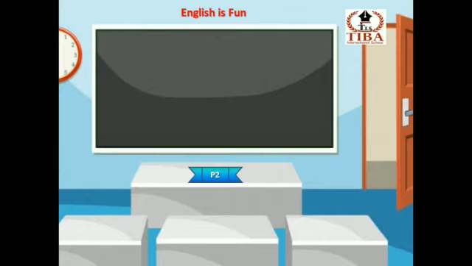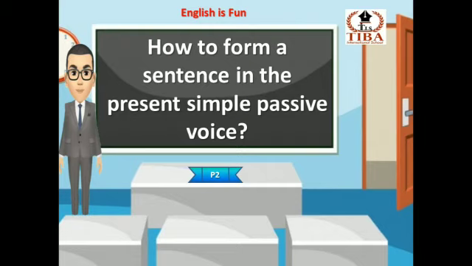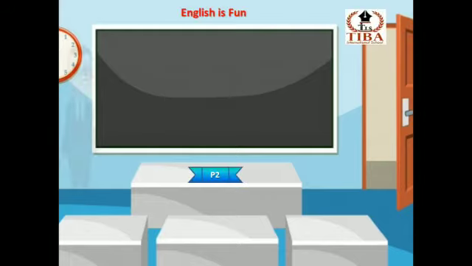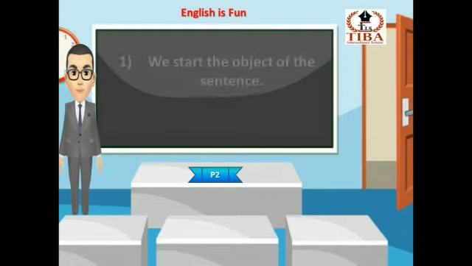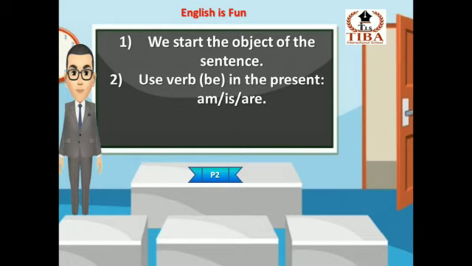So the question here is how to form a sentence in the present simple passive. To do that, let's follow these steps. 1. Start with the object of the active sentence. 2. Use the verb to be according to the object of the sentence, am or is or are, whether the object is singular or plural. 3.